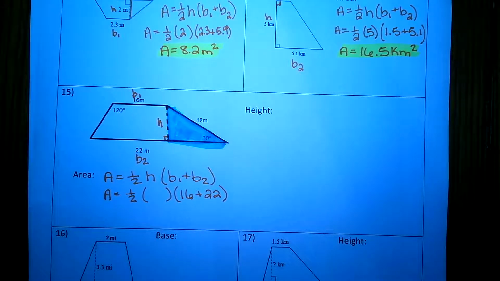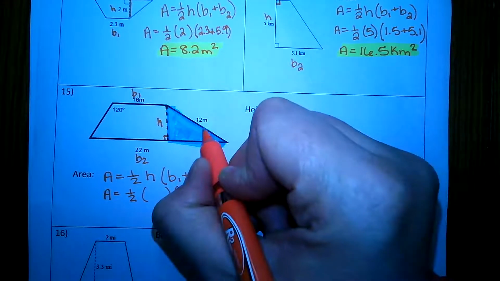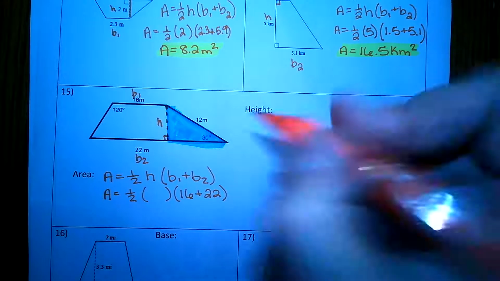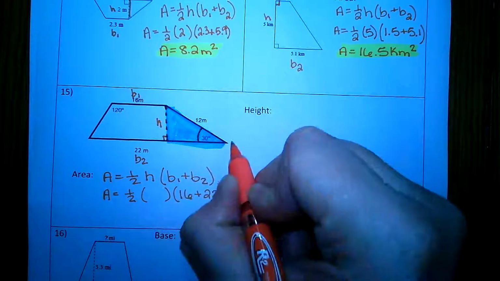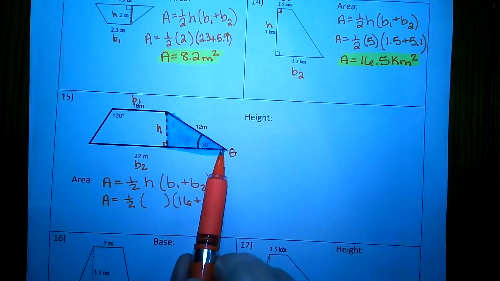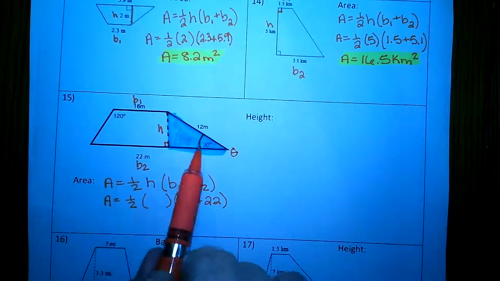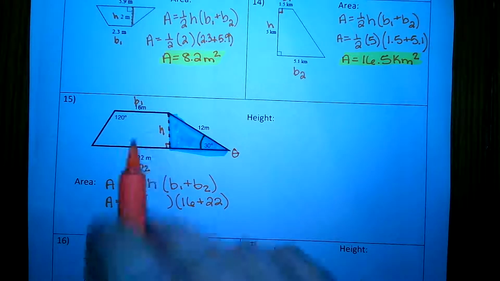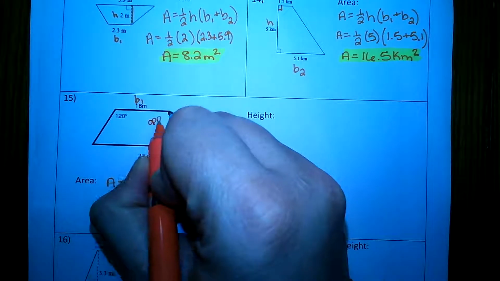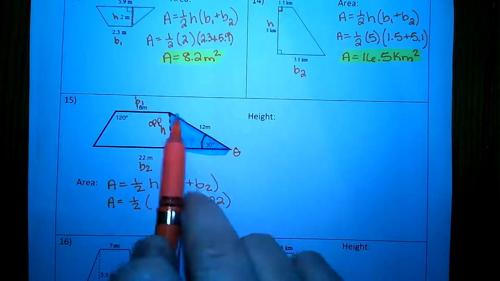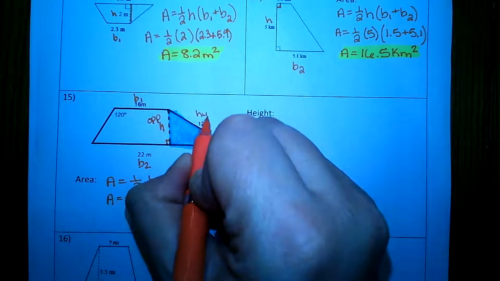We're back to a little bit of trig. We just did an example like this in our last little segment. In this triangle, I've got my angle of perspective. My angle of perspective is 30. That's what I call theta. I'm trying to find the opposite value, which is the height of the trapezoid. And I've been given the hypotenuse of the triangle, which is 12.